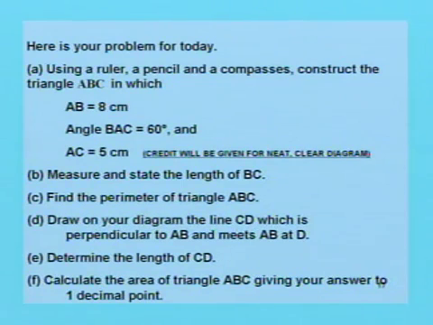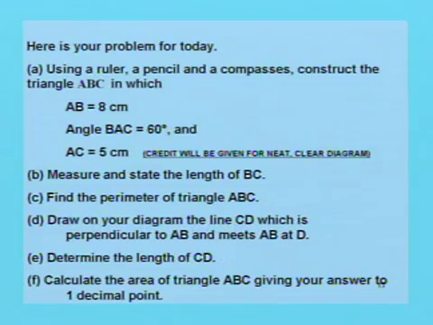A. Using a ruler, a pencil, and a pair of compasses, construct the triangle ABC, in which AB is equal to 8 centimeters, angle BAC is equal to 60 degrees, and AC is equal to 5 centimeters.